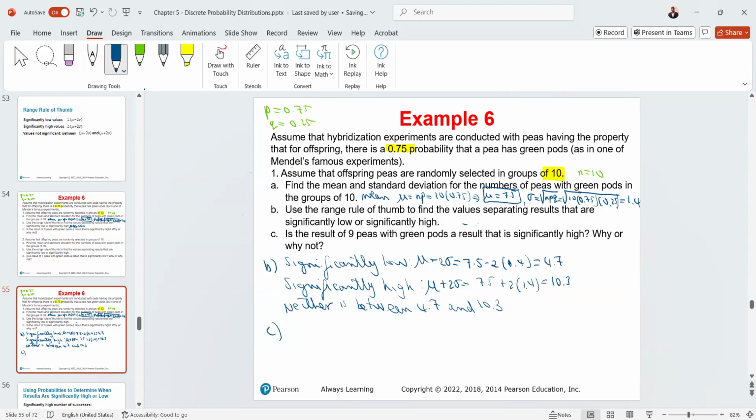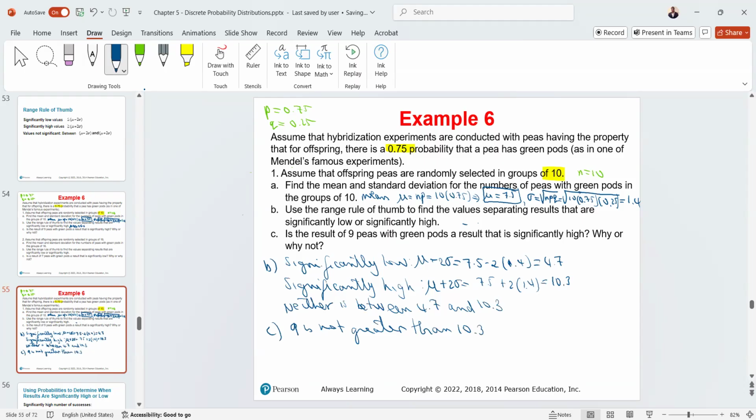For C, we said, is the result of 9 peas with green pods a result that is significantly high? Do you think it's significantly high if it's 9? No, it's not, because 9 is not greater than 10.3, right?